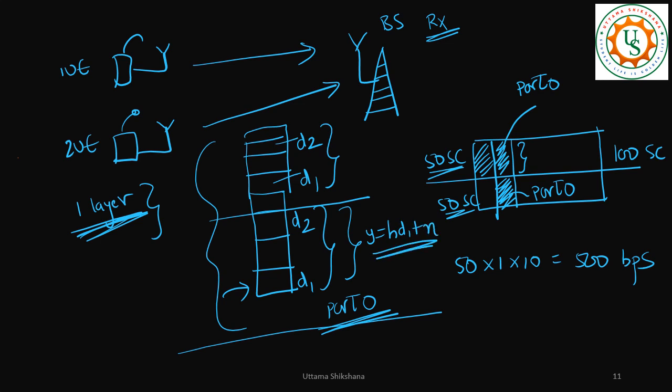We can perform channel estimation separately for this UE, and separately the channel estimation can be done for UE number 2. Here there is a single equation to be decoded.